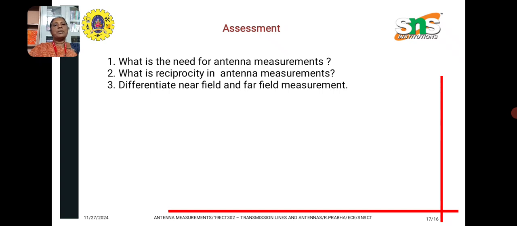One is reactive near field, which is very close to the antenna, and the other is radiating near field, which is just some distance from the antenna. And for far field measurement, if the distance from the antenna under test to the source antenna is greater than 2D squared by lambda, the measurement is called far field measurement.